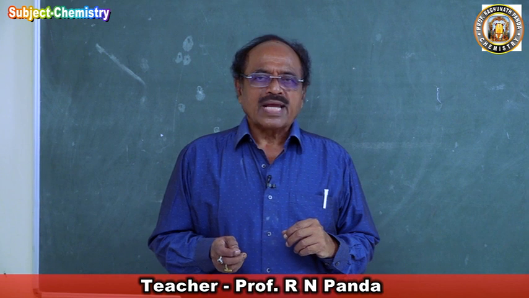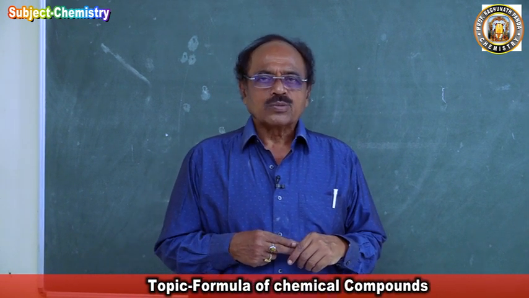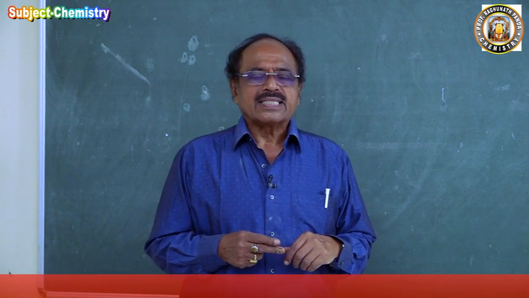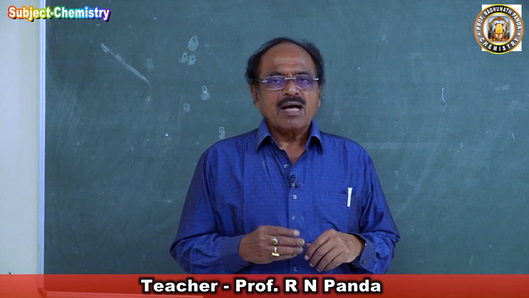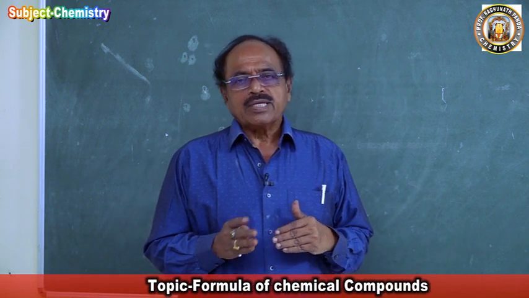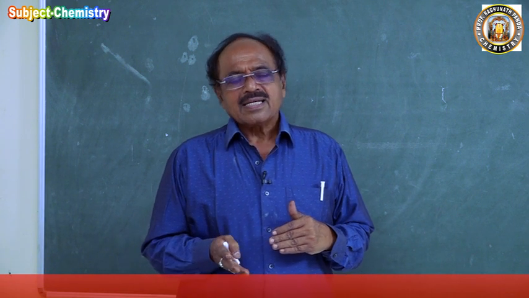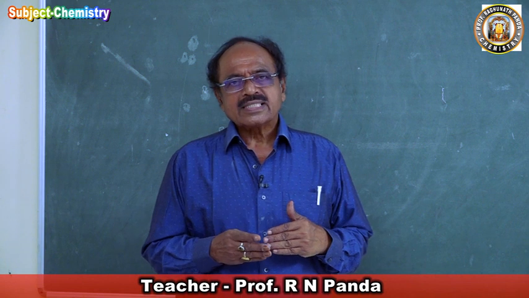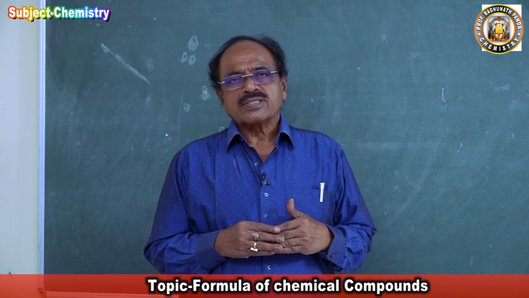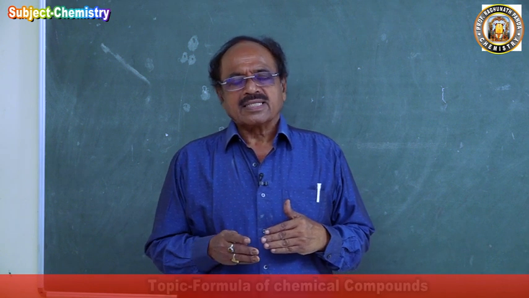Nitrogen forms two types of radicals, NO3 minus called nitrate and NO2 minus called nitrite. Then phosphorus: PO4 minus 3 is phosphate, PO3 minus 3 is phosphite. Arsenic has valence states plus 3 and plus 5, so AsO4 minus 3 is arsenate and AsO3 minus 3 is arsenite.